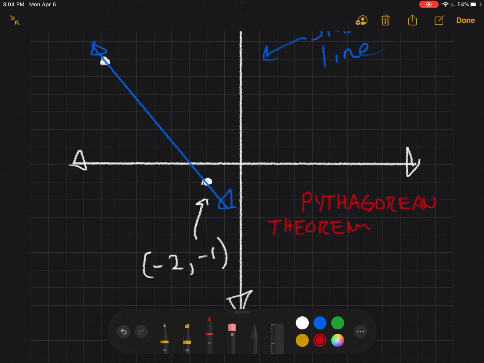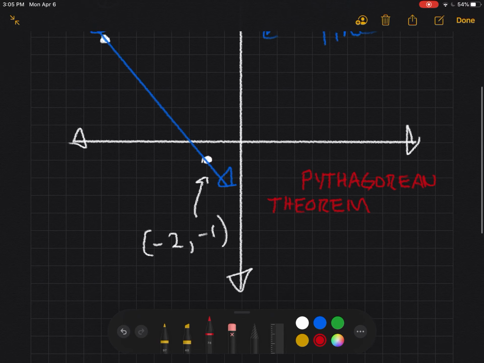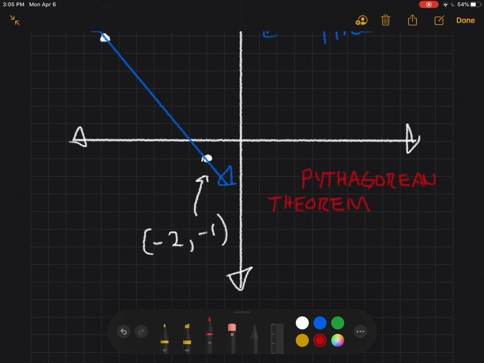The Pythagorean theorem was not invented by Pythagoras, but he did make it famous in the Greek world, and then in the Western world, we're very obsessed with the Greeks, so that's why we call it the Pythagorean theorem. But you can actually find evidence of the Pythagorean theorem in Ethiopia, which is where historians think Pythagoras found it out. He went traveling to Ethiopia and then came back and was like, look at this theorem, guys.